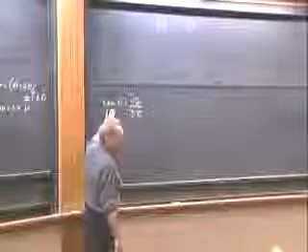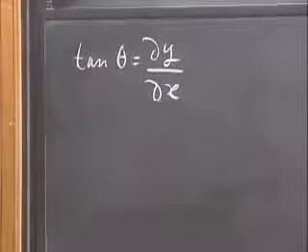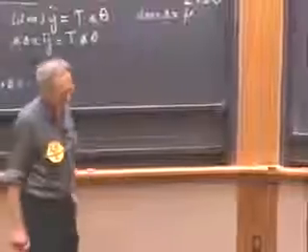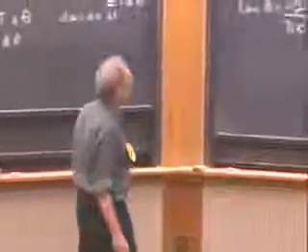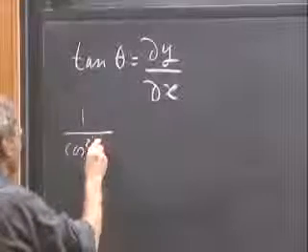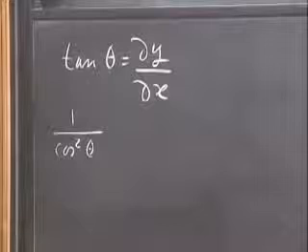I take the derivative on this side and on this side in x. So on the left side, I take d tangent theta dx, and I do it on the right side. Now the derivative of the tangent of theta, of the function, is 1 over the cosine squared of theta. That can't take you more than 20 seconds to confirm. You can do that in many different ways.